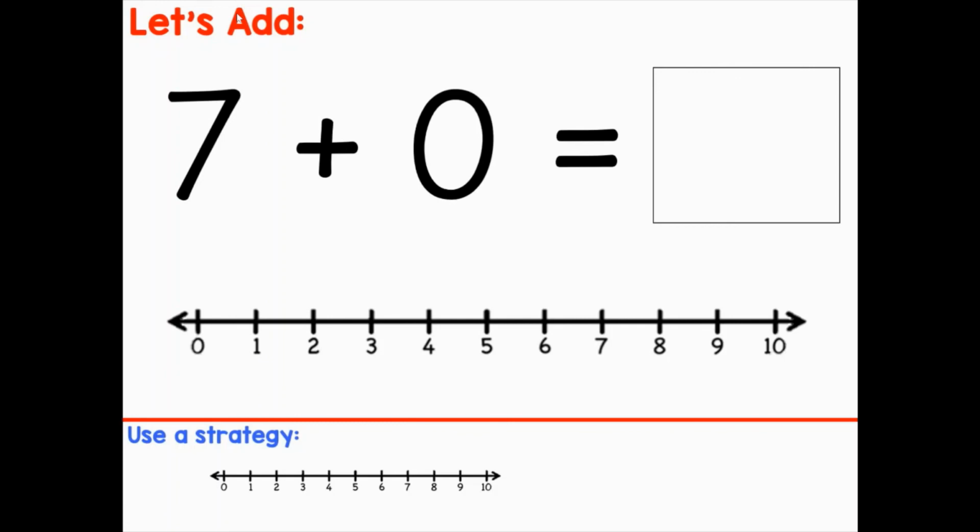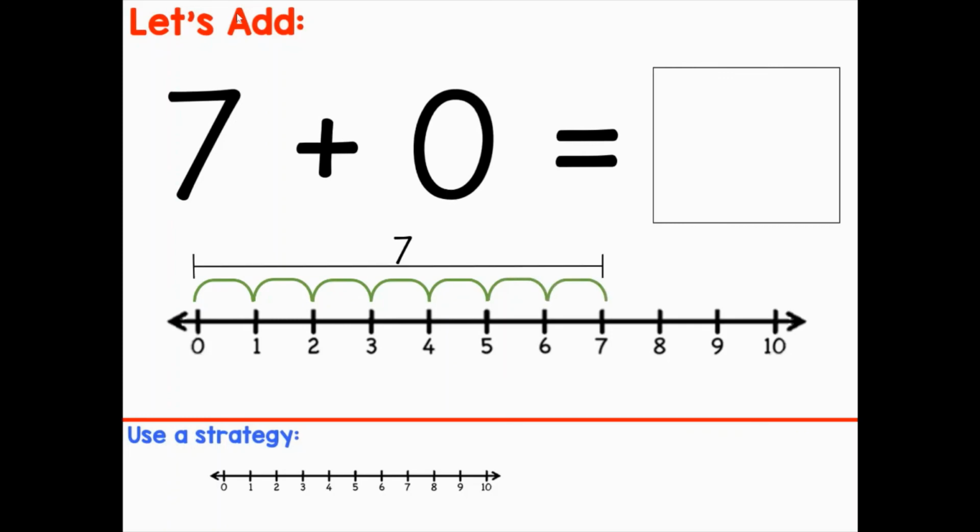Let's do it. 1, 2, 3, 4, 5, 6, 7. 7 hops. Now we know that 0 means nothing, so are we going to do any other hops? No, we're not. That 0 tries to trick us, but we're going to leave it right there. So 7 plus 0 equals 7.